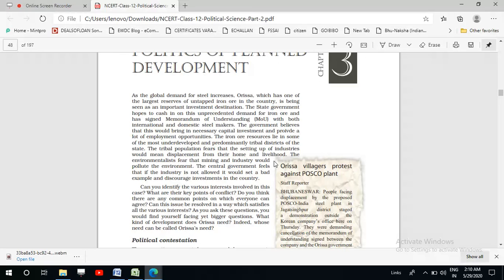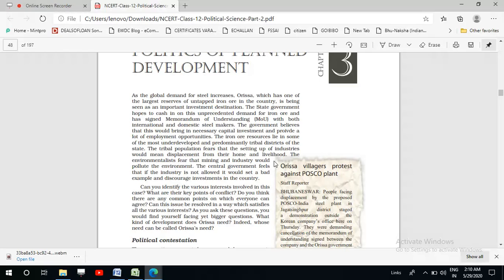It depends on the situation, on the circumstances, that the development priority differs from people to people. In this context, we will see this example of Odisha. Odisha is one of the states of India in which the largest reserve of untapped iron ore is present. And iron ore is very important for industries.